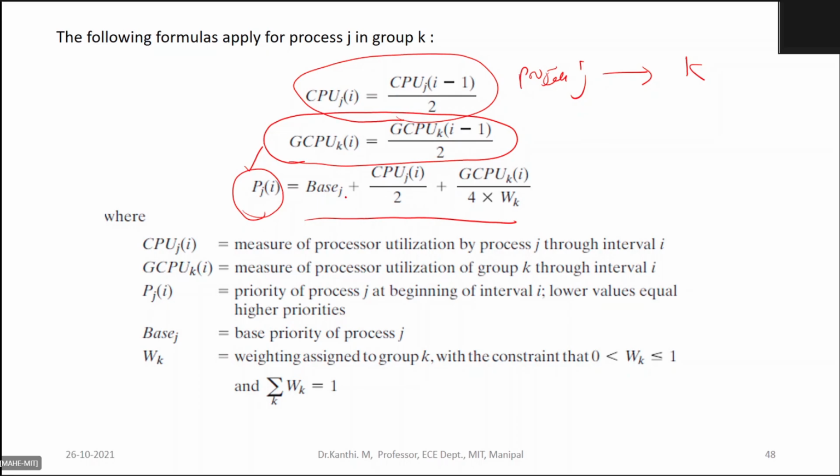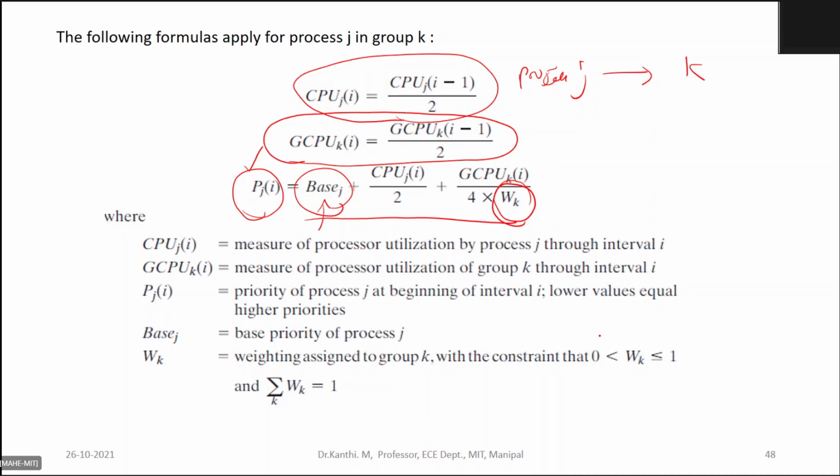So assuming some base priority, and based on the CPU utilization of that particular process, you compute the priority with some sort of weighting factor. The weight is assigned to the particular group to which the process belongs.